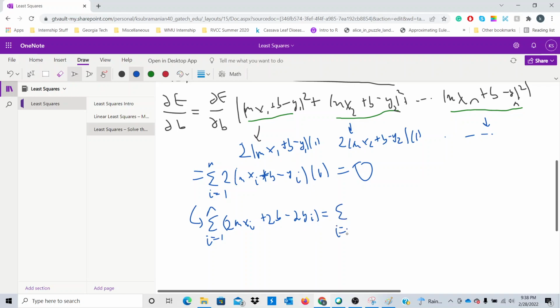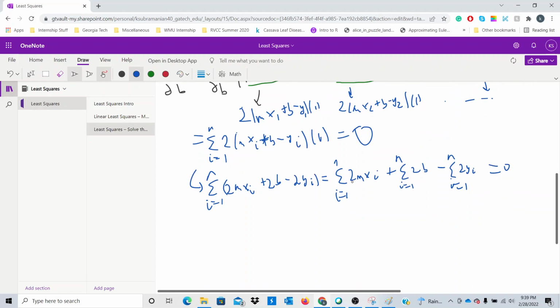So this will be the sum from i equals 1 to n of 2m x sub i, let me just make this a little neater, plus the summation from i equals 1 to n of 2b, minus the summation from i equals 1 to n of 2y sub i, and this is going to equal 0.